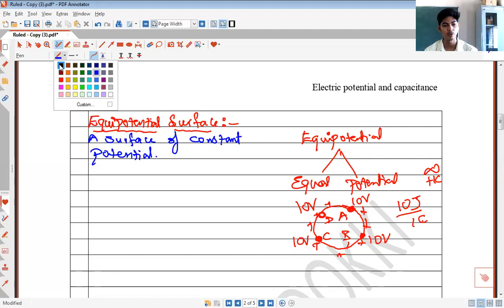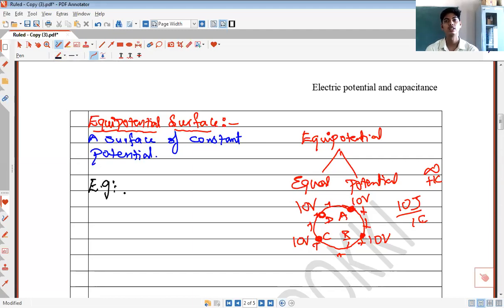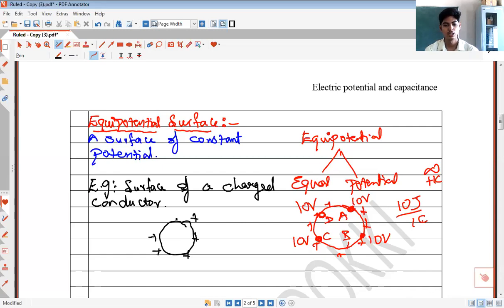The example for an equipotential surface is the surface of a charged conductor. Suppose this is a conducting sphere, and if this conductor is charged, the surface of this conductor will serve as an equipotential surface.